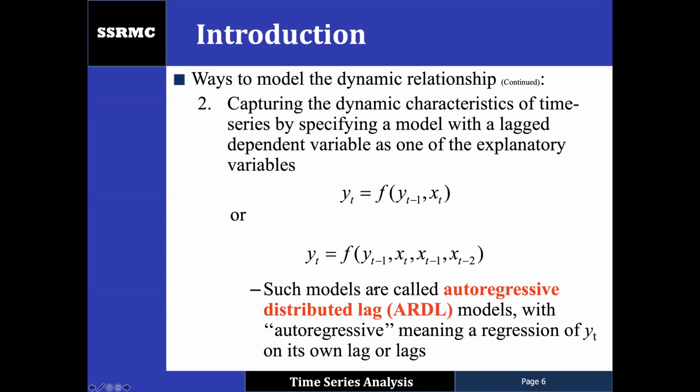This is the model that you want to use. We call this the autoregressive distributed lag model, or ARDL model. The autoregressive part refers to the lag term of y, because it's a regression of y on itself, y_{t-1}. And the distributed lag part refers to the lagged terms of x, as we mentioned before.